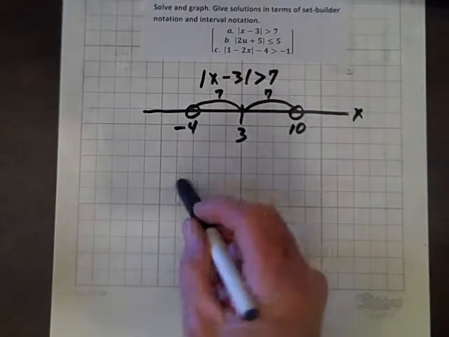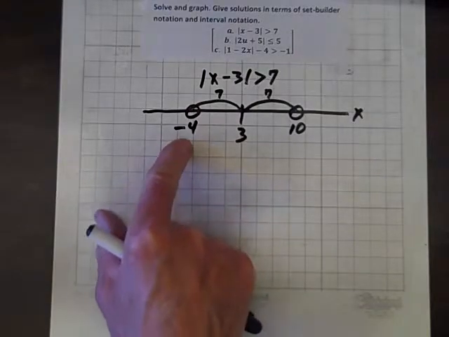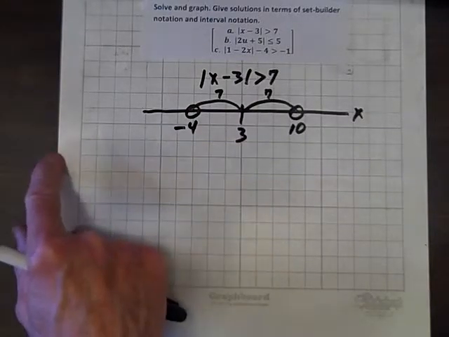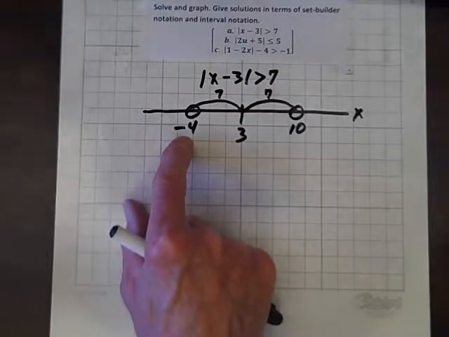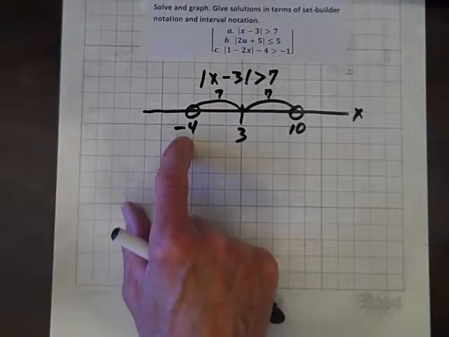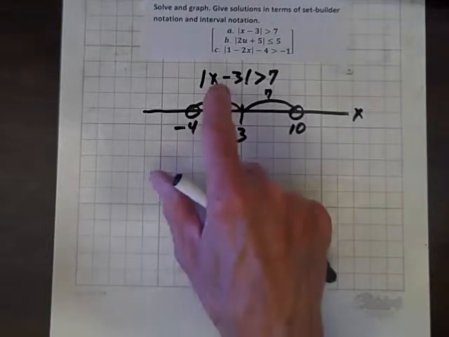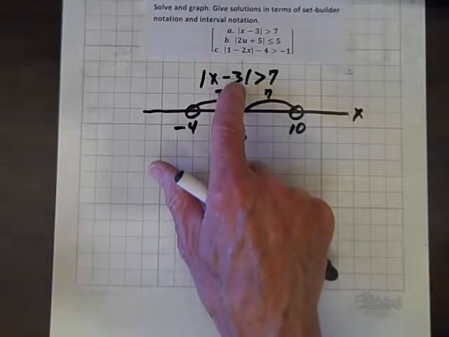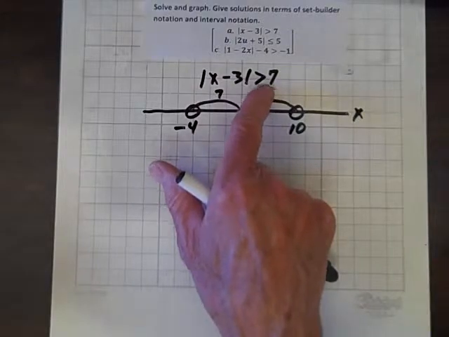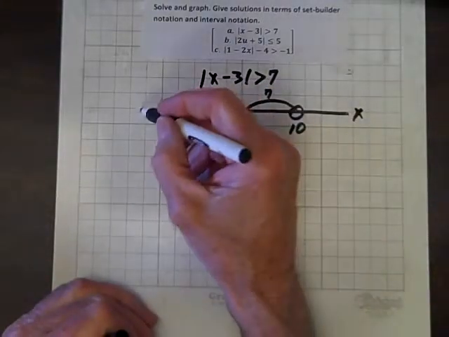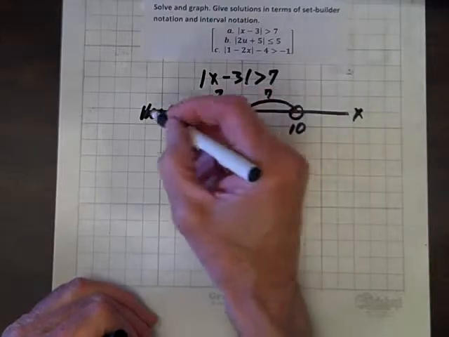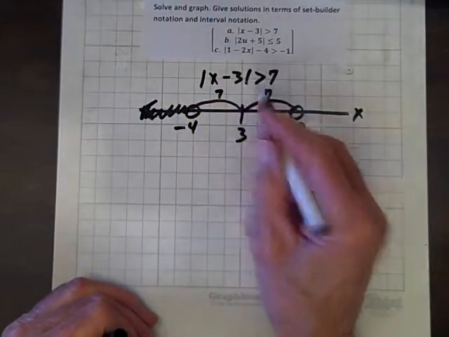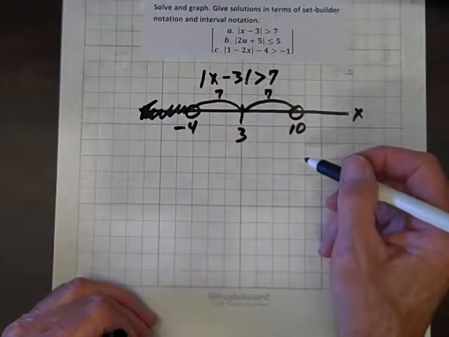So let's pick a point in this interval, and this interval goes from negative infinity to negative 4. How about negative 10? Replacing x with negative 10, we'll have the absolute value of negative 13, which is 13, which is greater than 7. So this interval satisfies this inequality, and we shade that interval.